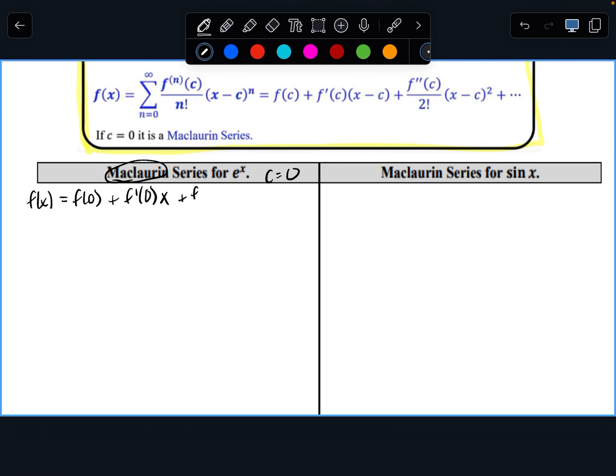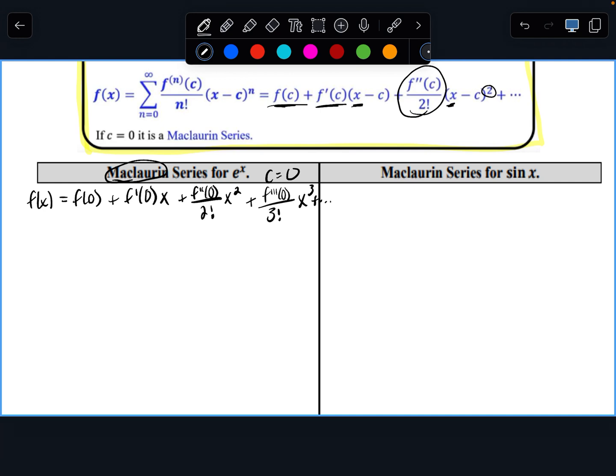Then I would do the second derivative at 0 over 2 factorial times x squared. I'm literally following the formula: f of 0, f prime of 0 times x, f double prime of 0 over 2 factorial times x squared. I just didn't write the minus 0 part. And then I could keep going and do the triple prime over 3 factorial x cubed, and so on.